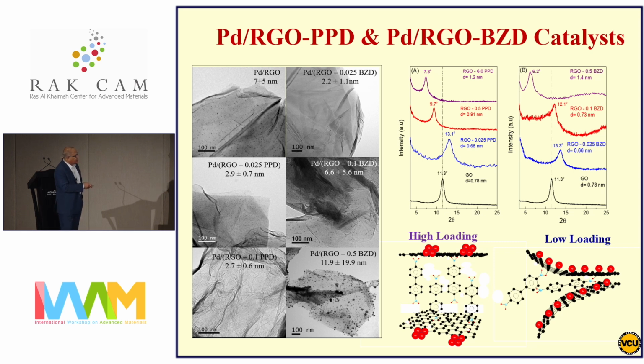This corresponds to this picture where we have a long separation between the layers and the formation of large particles, as compared to a small separation, which involves relatively small palladium particles, here like 2.2 nanometer, with very small loading of the electron donor materials.